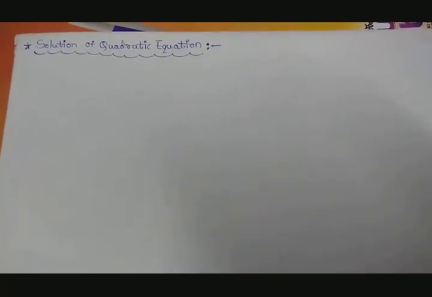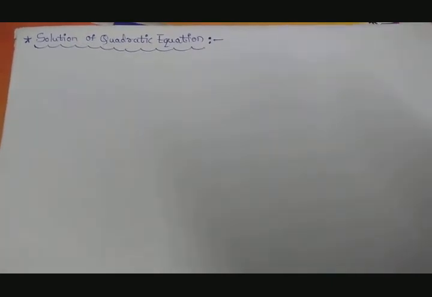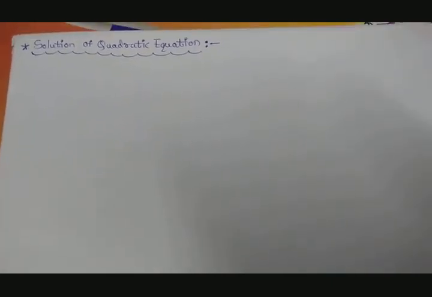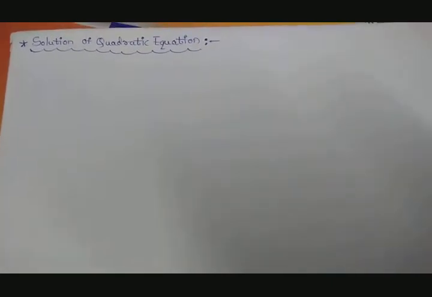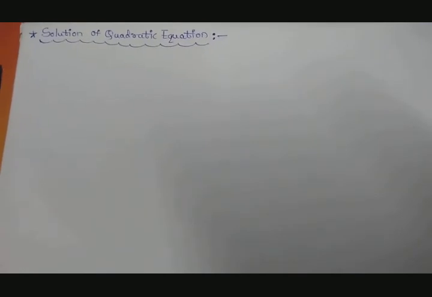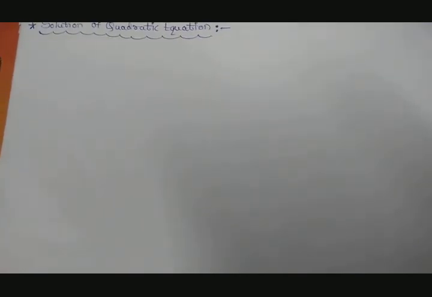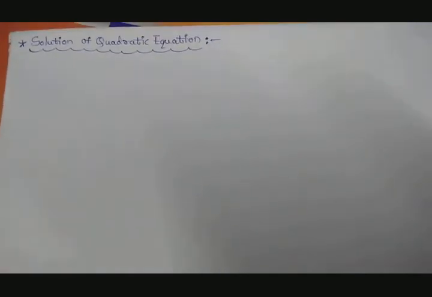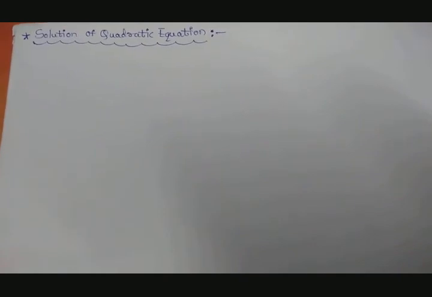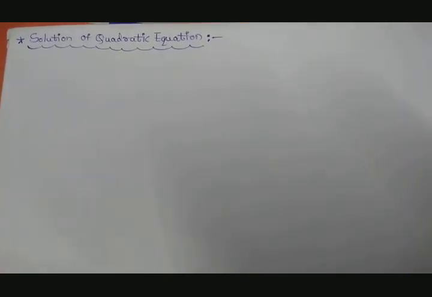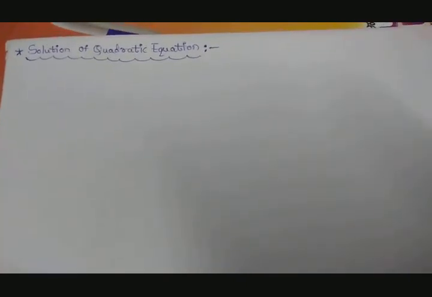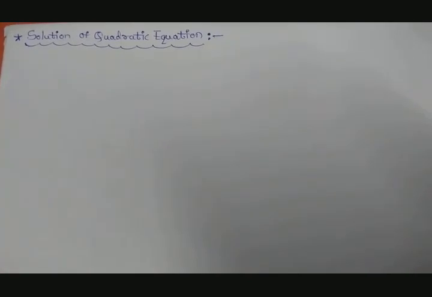So the solution of quadratic equation has the same definition as the solution of linear equation, or else the zeros of polynomial. So zeros of polynomial is nothing but those values of the variable which satisfies the given polynomial. So in that case it was polynomial. In here we will be using the term as equation.